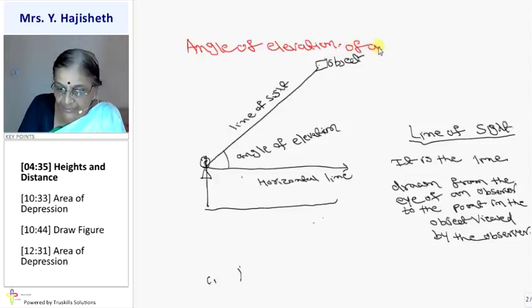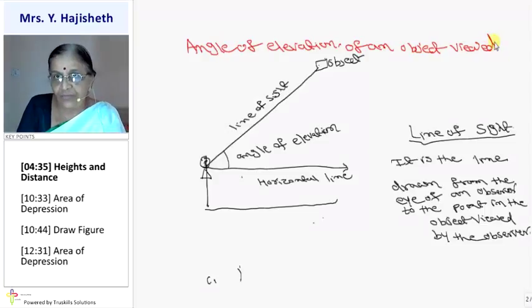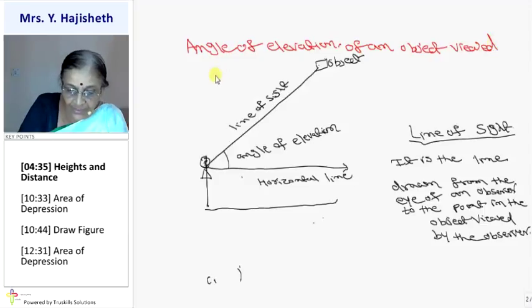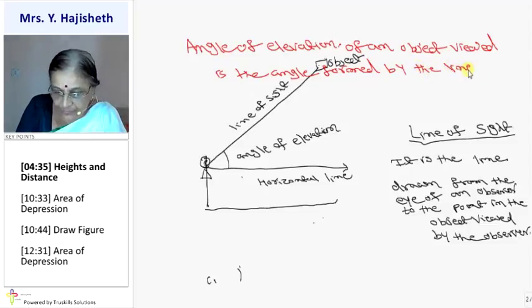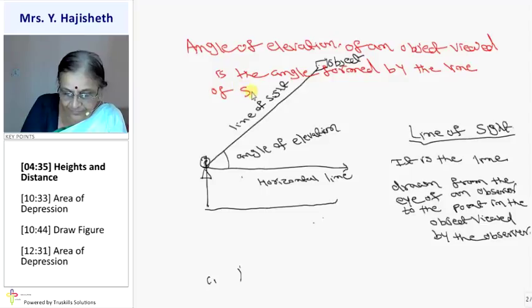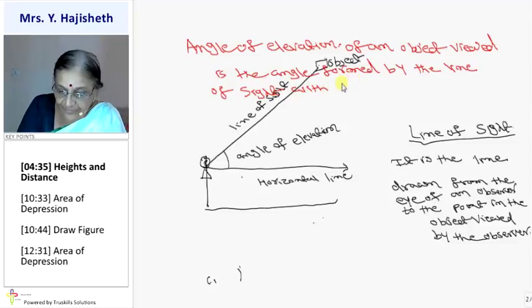Angle of elevation of an object viewed. जो ऑब्जेक्ट हम देखना चाहते हैं, angle of elevation of an object viewed is the angle formed by the line of sight with the horizontal.